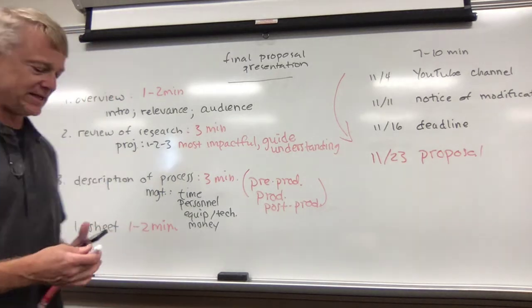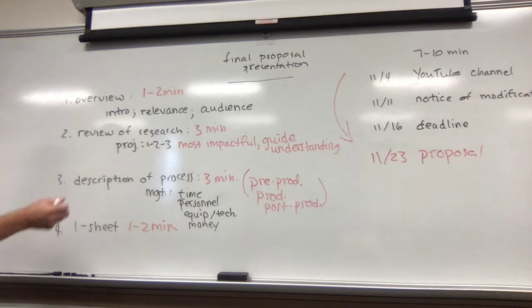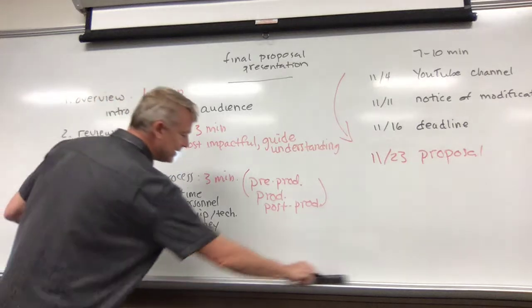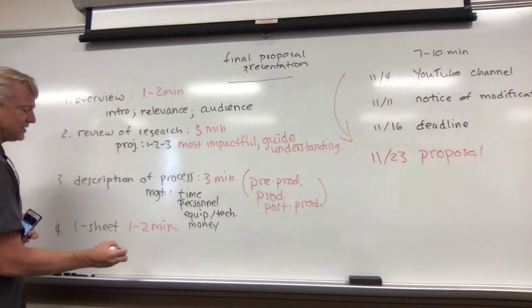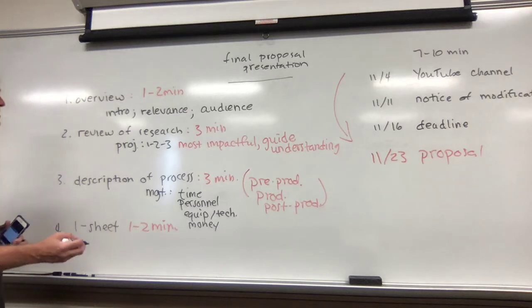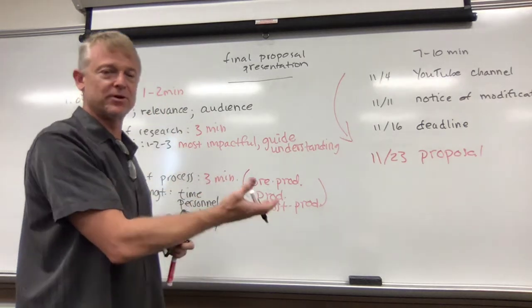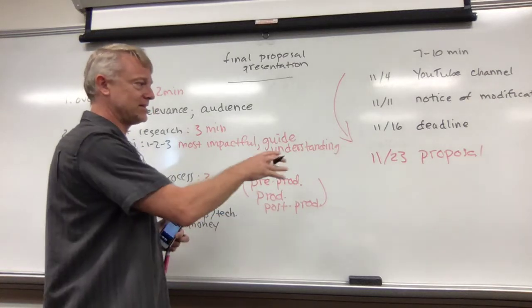And so a one sheet is a time embedded production calendar. So you're taking all of the goals and steps that are required, and you're embedding them into a calendar. So imagine that you have a successful proposal, which most of you will, thank goodness. And so we get to the end of the semester.